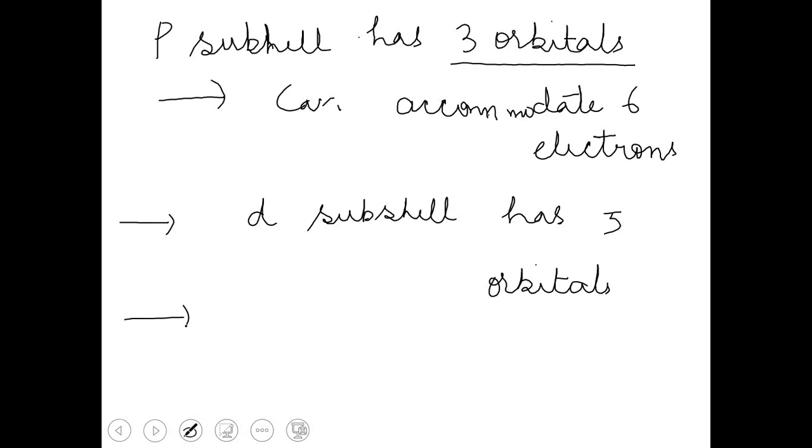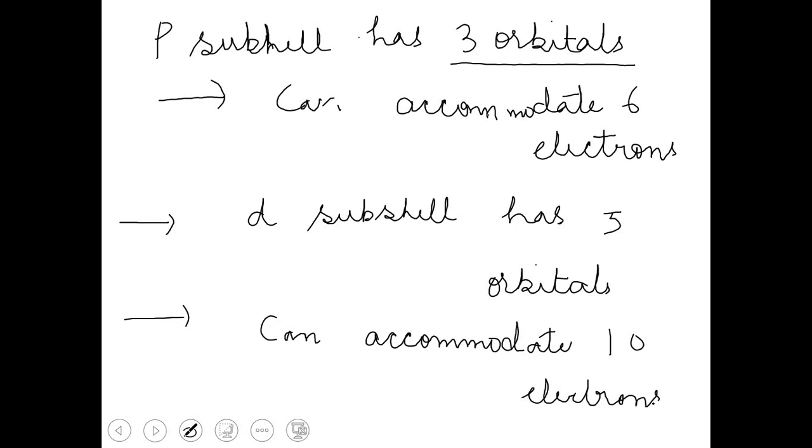So therefore the d subshell can accommodate 10 electrons. So these are very important points which you must remember while writing the electronic configuration. While explaining many questions, we need to know this concept.